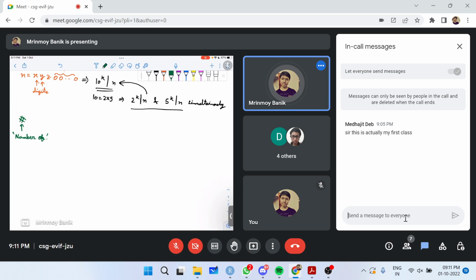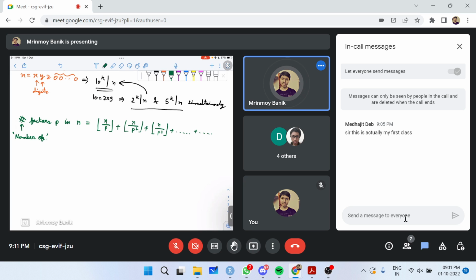So the number of prime factors, or should I say the number of factors p in n equals floor of n by p plus floor of n by p squared plus floor of n by p cubed plus dot dot dot.